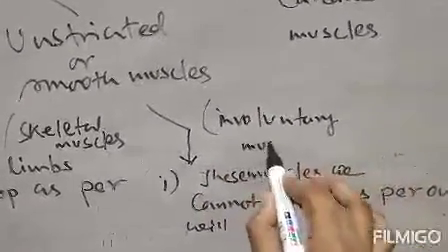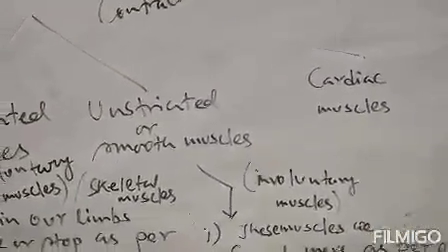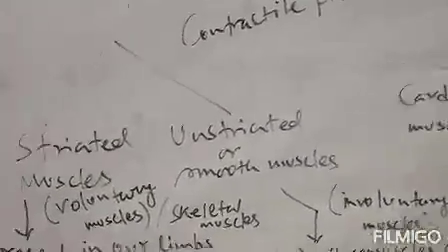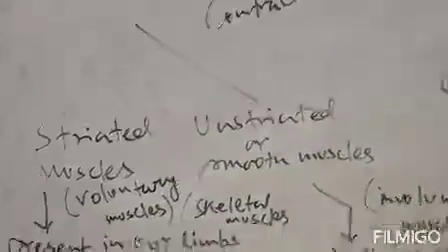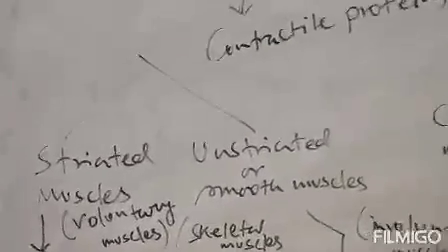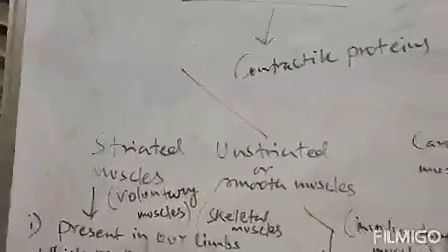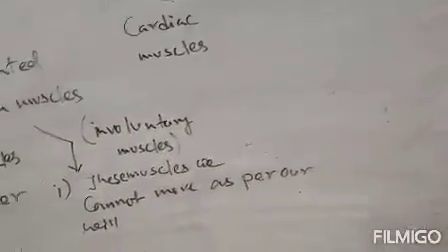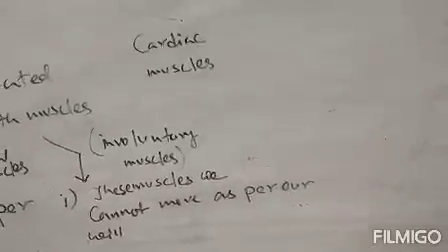Examples are the movement of food in our alimentary canal, which we cannot control, contraction and relaxation of blood vessels, muscles present in the ureters, the iris of your eye, and the lungs.